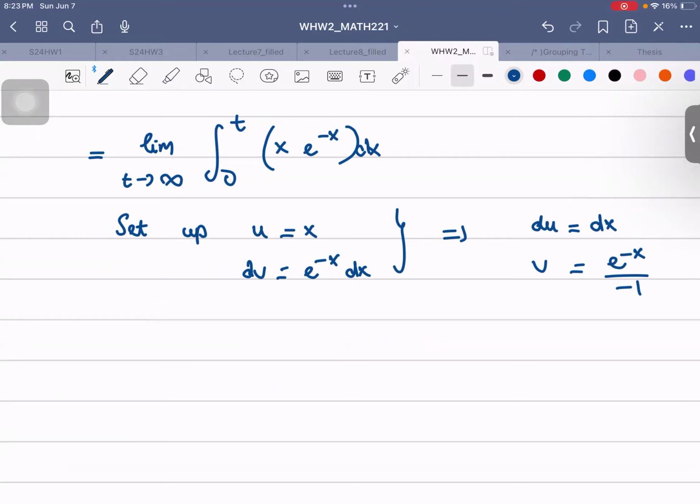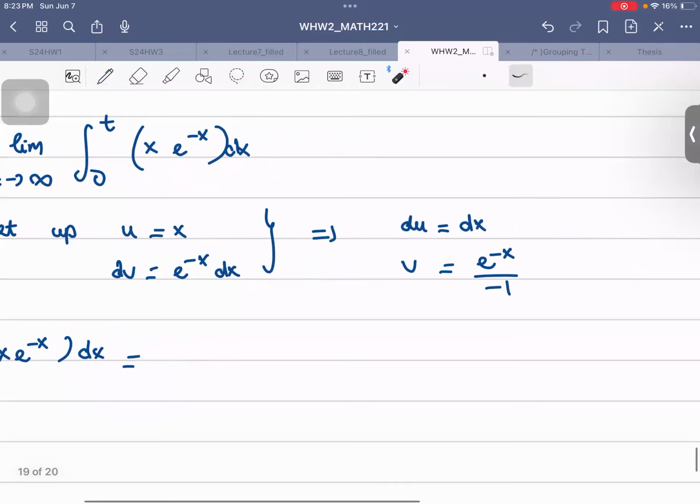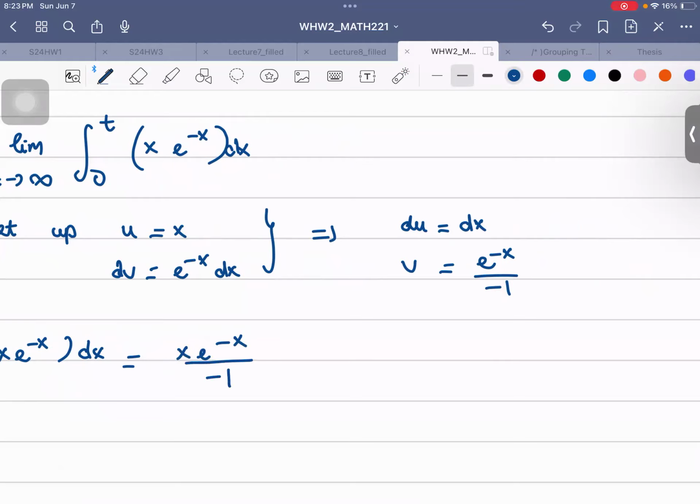Therefore, the integral that we have, 0 to t of x e to negative x dx, is u times v. So x times e to negative x divided by negative 1. Let's put the negative sign in front for simplicity.